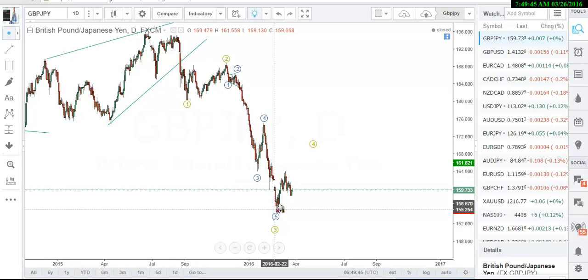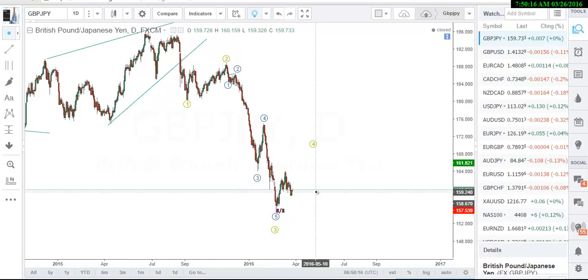So the zigzag here is going to be A, B, C. We don't expect the fourth wave to go too deep here, because the second wave went considerably deep, so we don't expect the fourth to also go to this level. So it could just be A, B, maybe 61.8 or 100% extension of this one from here. That could be enough for the fourth before we see price coming down again.